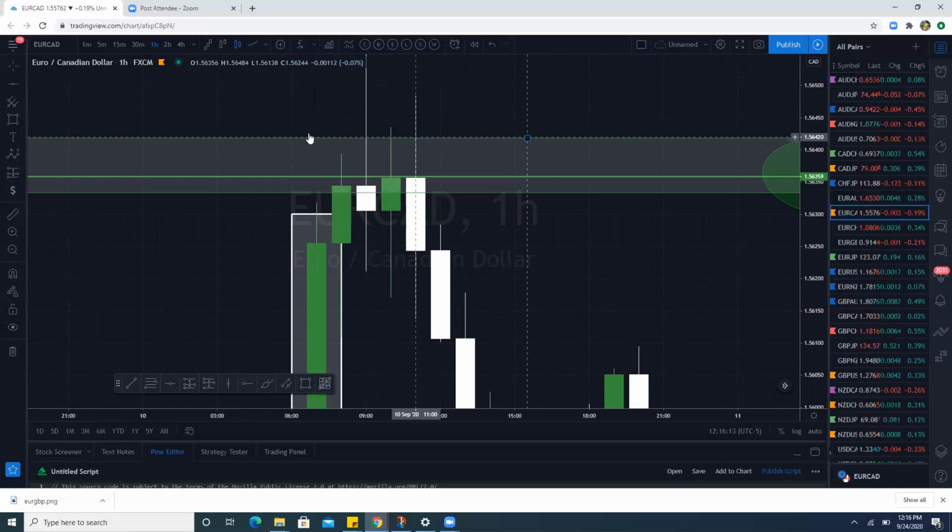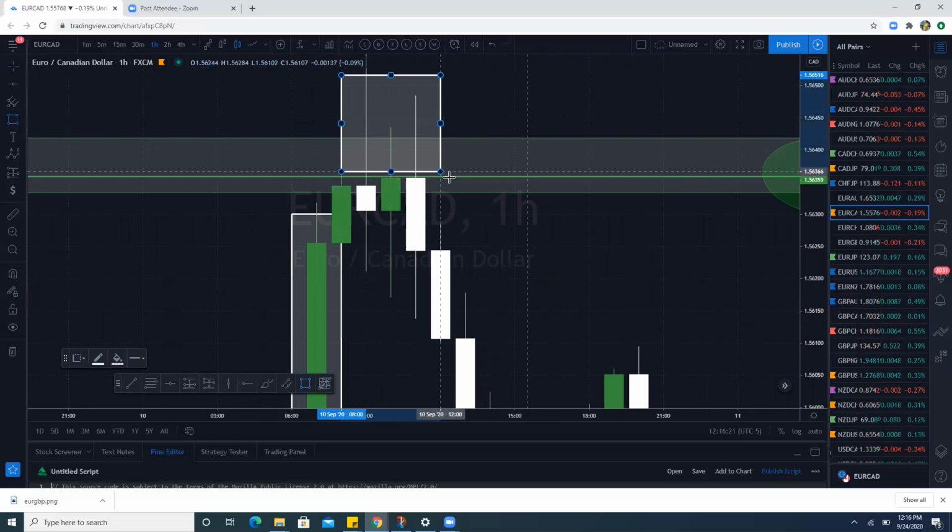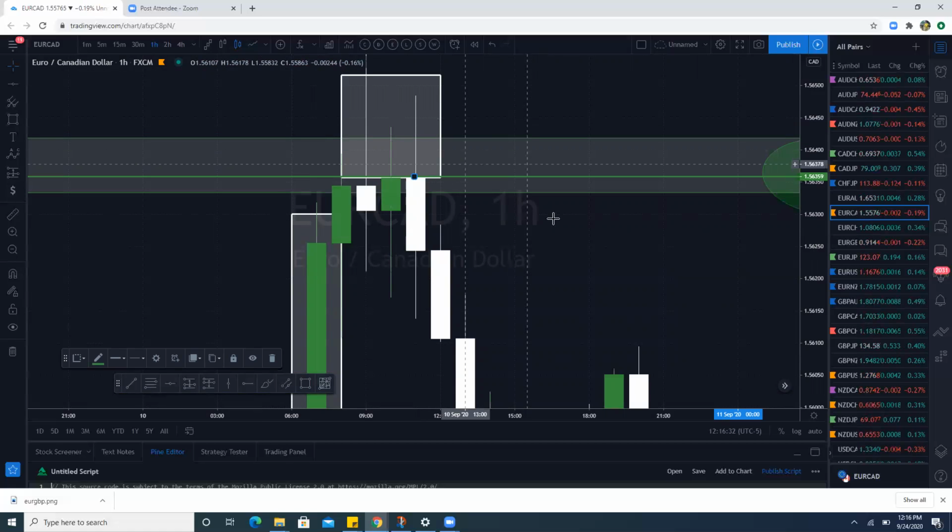That's probably the better definition: a cluster of wicks. Usually you want to start the vector at 3 or more wicks. So if there are 3 or more wicks rejecting an area or a common zone, that's a vector.